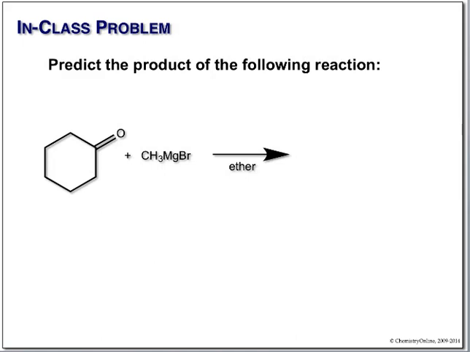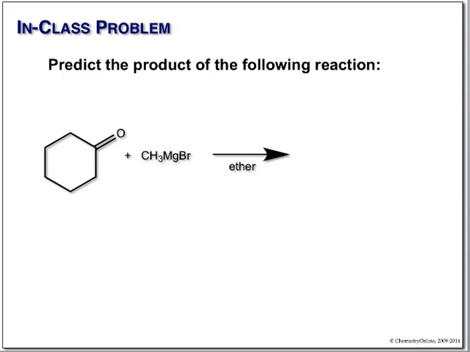All right. Very quickly, just look at this and draw me a product. We're starting with cyclohexanone. We are reacting this with methyl magnesium bromide.